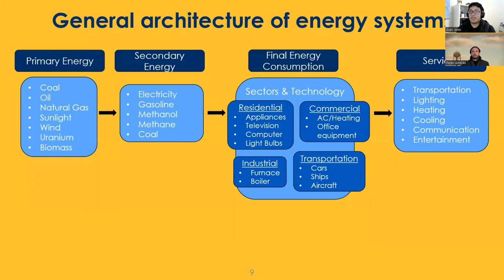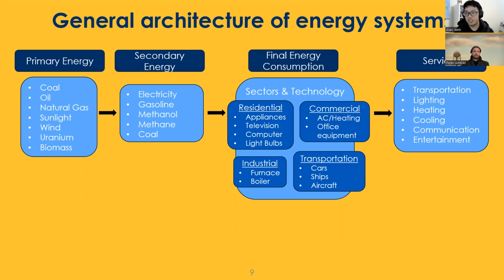So to break this down in a little bit more specificity, the general architecture of your energy system. We typically think of the energy system in these chunks: primary energy, secondary energy, and final energy consumption.